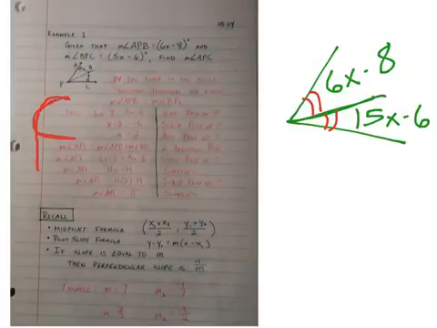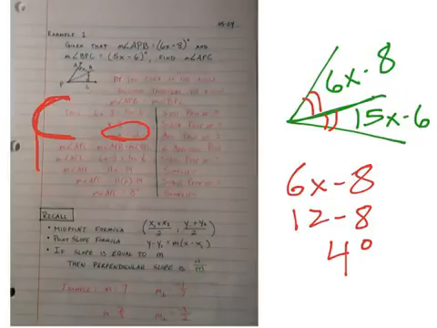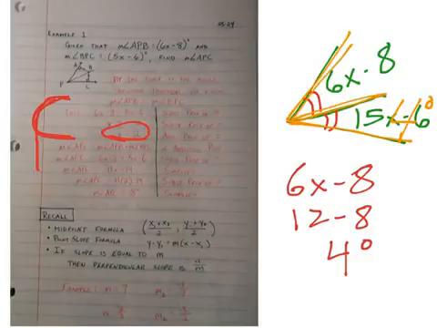So because the two are equal, we find that x is equal to 2, and then we can figure out what each angle is equal to. So that 6x minus 8 could be 12 minus 8 or 4 degrees. And since they're congruent, the other one is also 4 degrees, which means the total angle is 8 degrees.